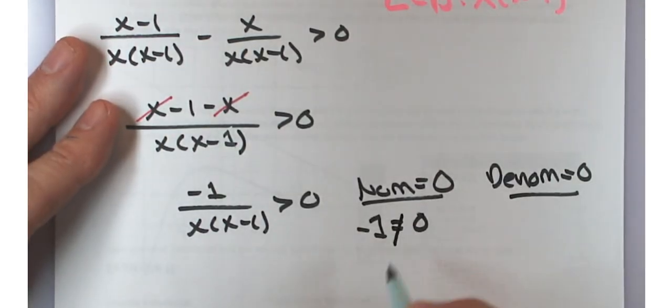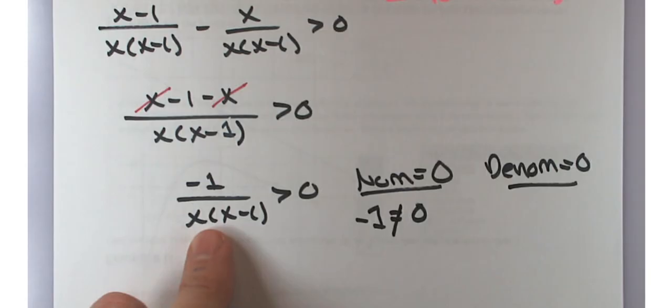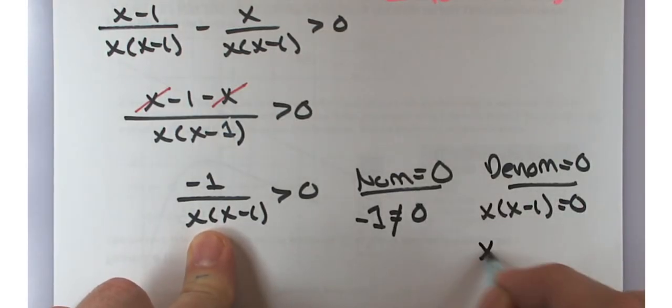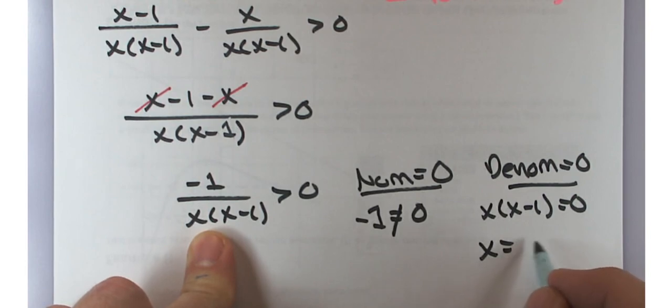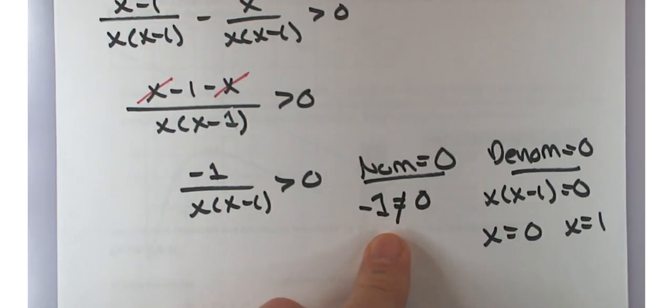Not last time I checked. So we're out of luck there. But how about the denominator equals 0? Where's that going to happen? 1. Good. 1 and what else? 0. Yeah, 1 and 0. And that's it. We don't get anything from the numerator.